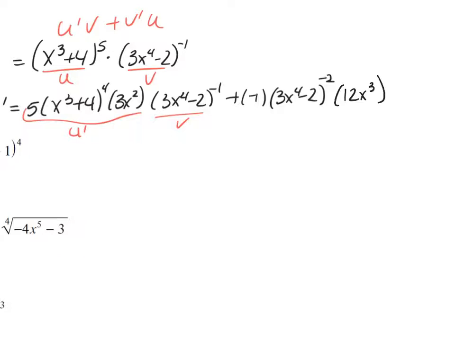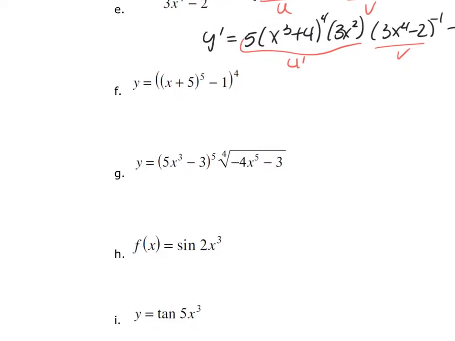All of that represents v prime. Not u, that looks like a u. V prime. And I multiply it by u, which was x to the 3rd plus 4 raised to the 5th power. Okay? Since we're running short on time, I'm not going to clean it up algebraically, but that's what the derivative would look like without the cleanup.